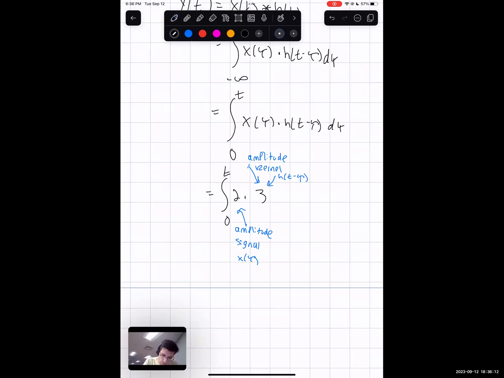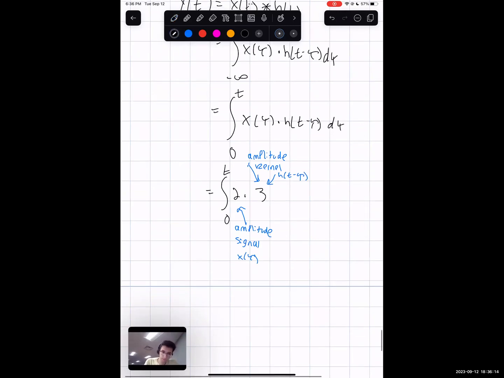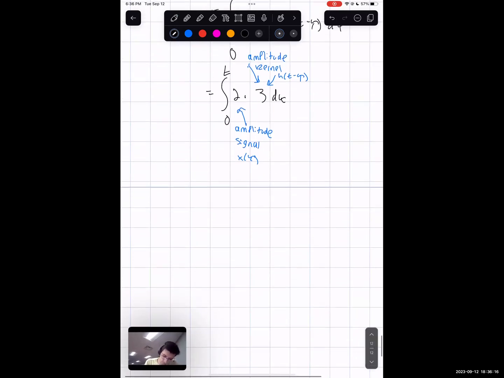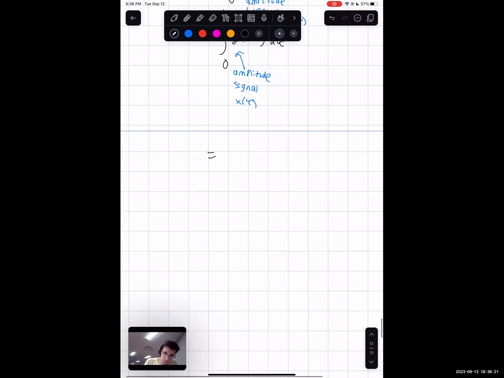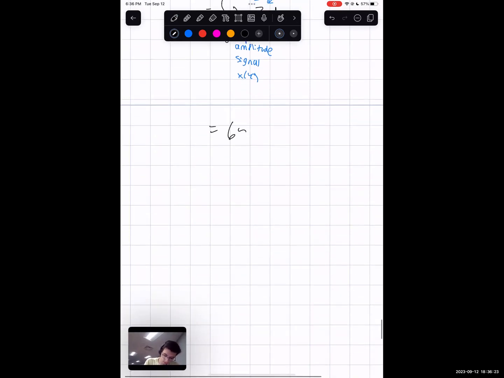Right? Okay, and then we're going to integrate d tau, which gives us 6 tau from 0 to t, which is equal to 6t.